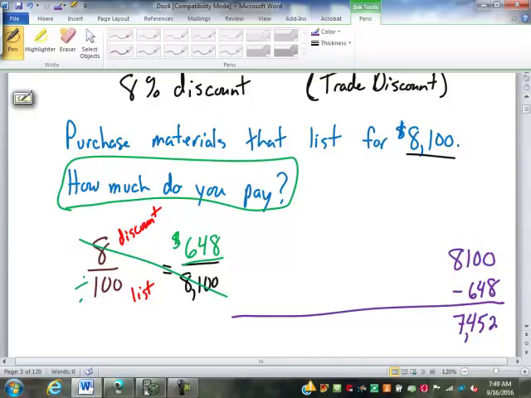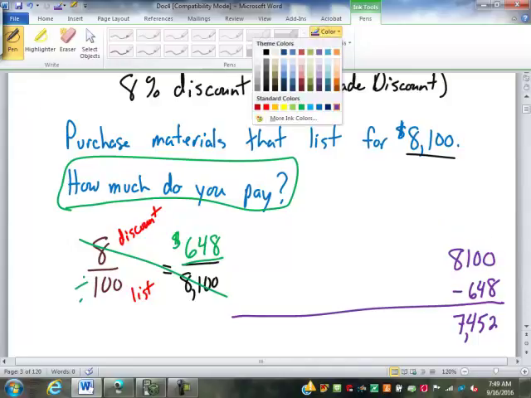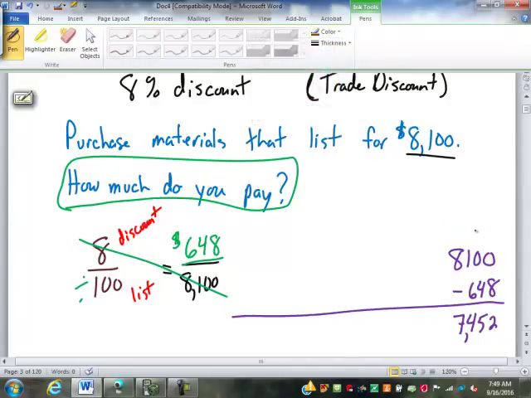Now, you'll notice I put this way over on the edge and left some room here. I did that deliberately because I want to take a closer look at these numbers. The 8,100 is the list price, or the starting amount. We subtracted from that a discount to get the amount that we paid.